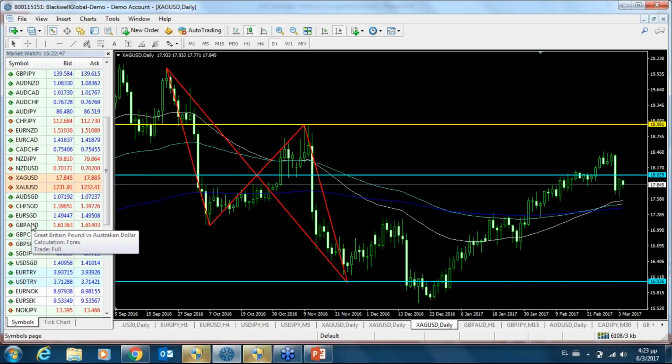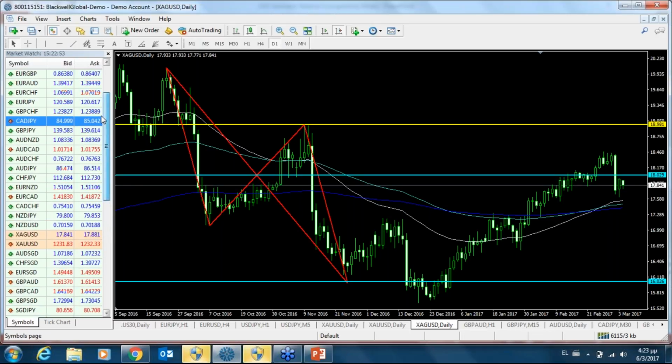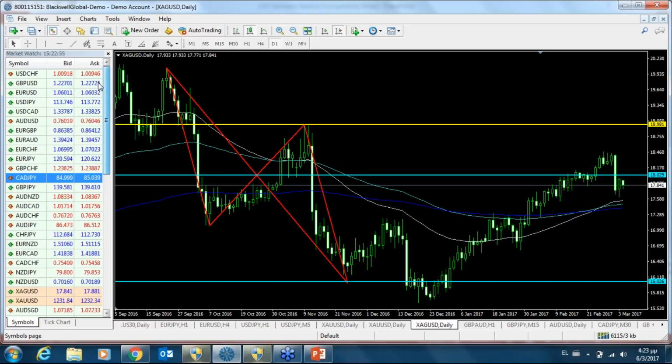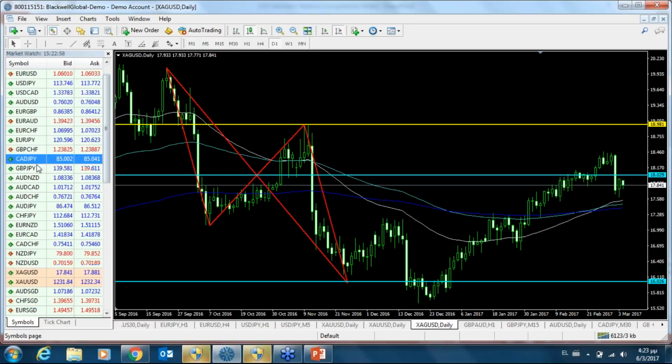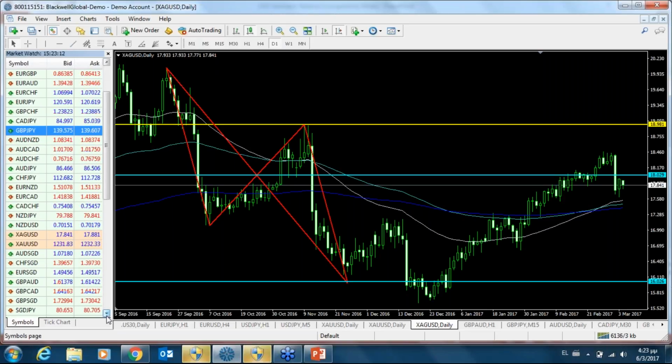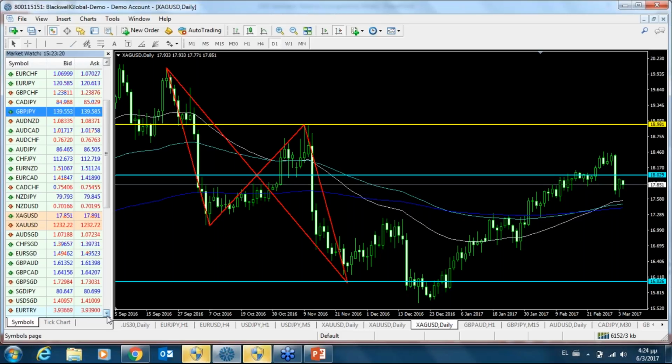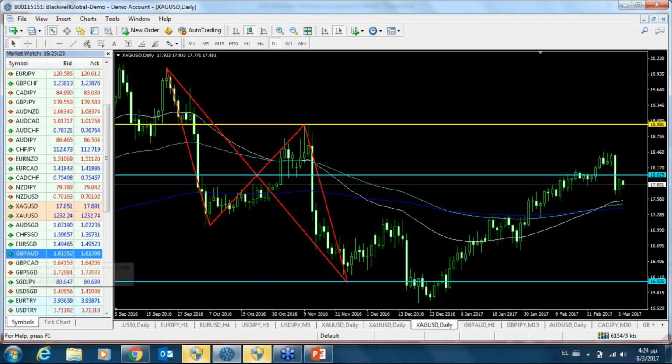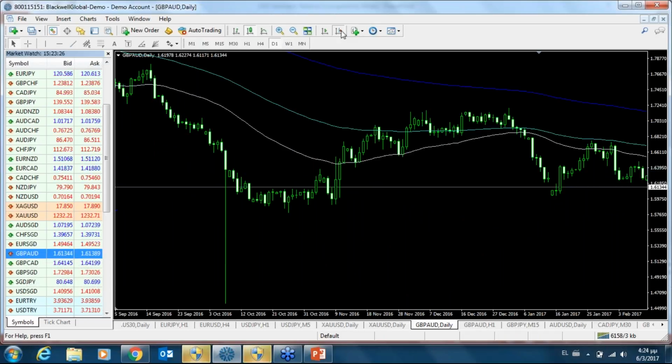GBP AUD is right there, and then we have got GBP JPY right up there, GBP CHF. Perhaps we could go on to GBP AUD, since I'm not able to find that right there. It's not on this particular trading platform. GBP AUD, GBP CAD. All right.